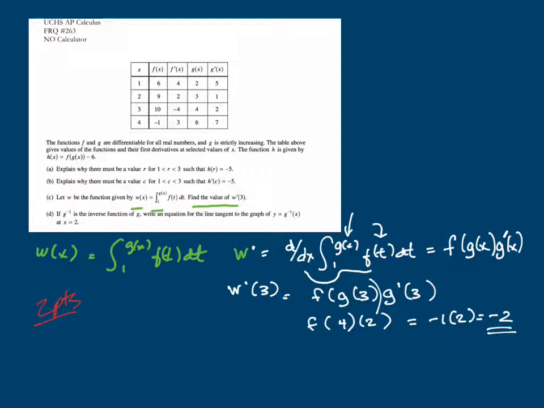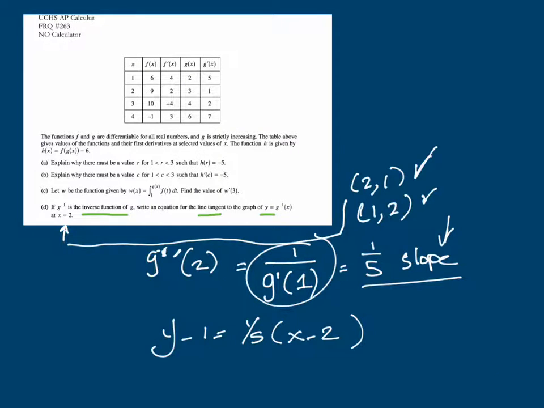All right, you get 1 point for applying the chain rule here, and 1 point for the answer. And 3 points for this one, which to me was the easiest, but maybe it's the hardest for you guys.